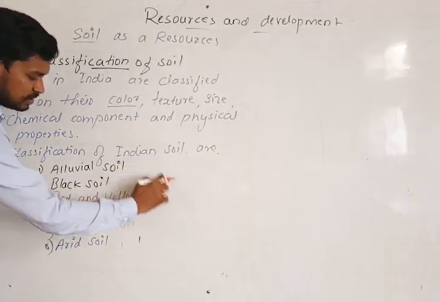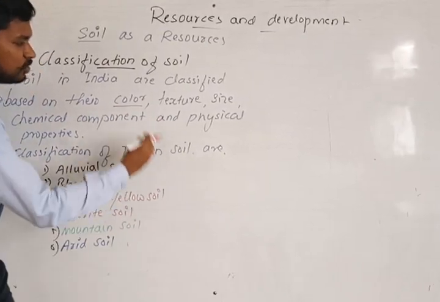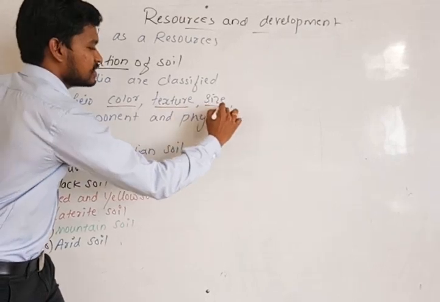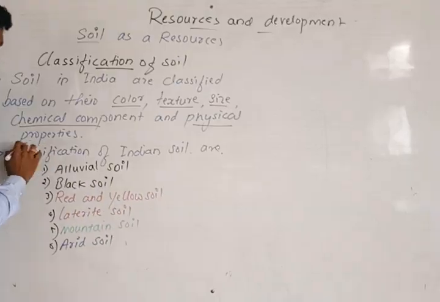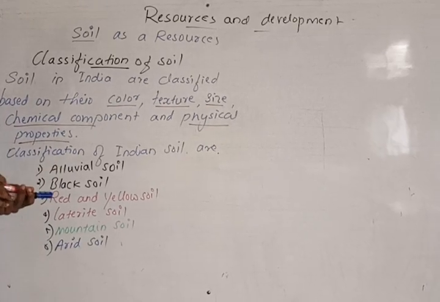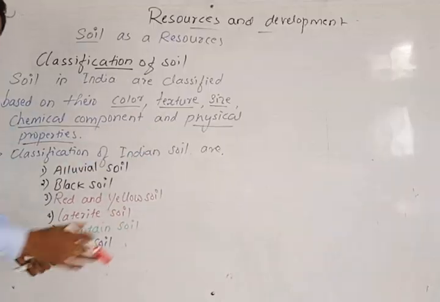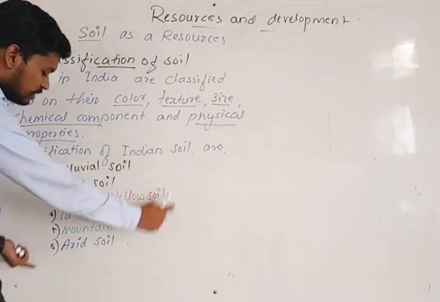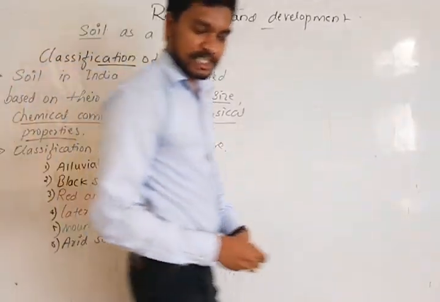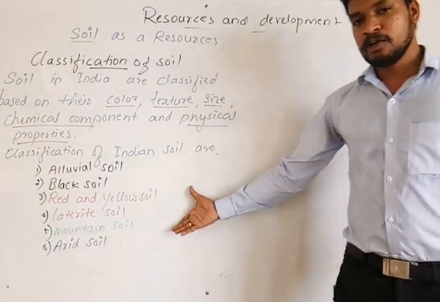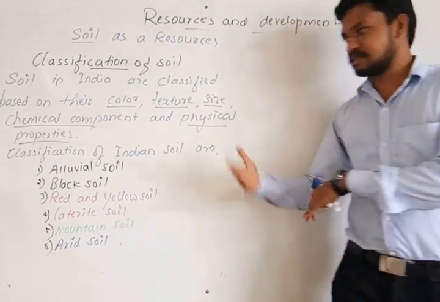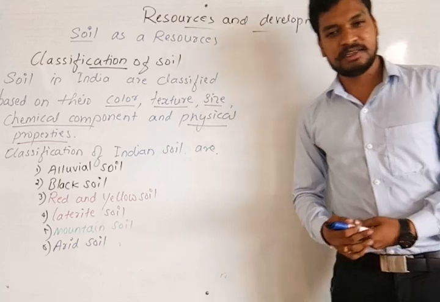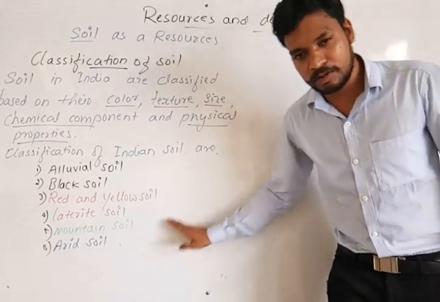So these soils are classified under all these factors like color, texture, the size of it, and the chemical components, and the physical properties, and the time. So all those things are calculated, and based on all those things, these are the 6 classifications of the soil we have in India. So we'll discuss one by one the soil types in India and their characters, the color, texture, size, and the chemical properties of all the soils.